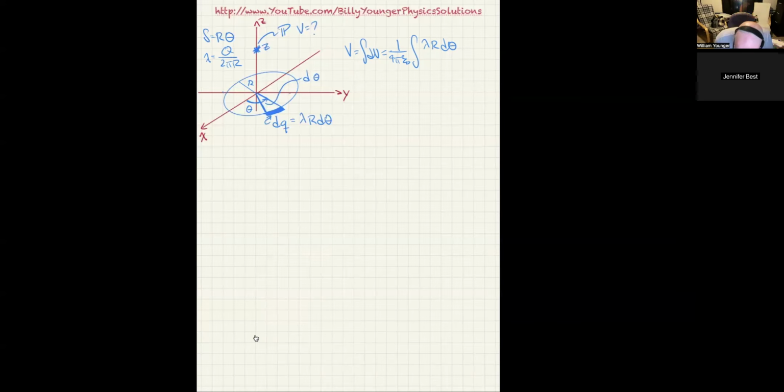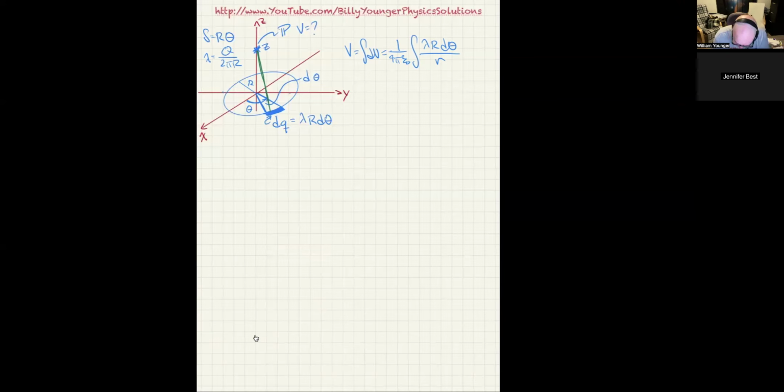So there's my dq, and then I've got to divide it by r, the distance between the differential charge element dq and the point at which we wish to know the electric potential. So you can imagine right about here is that distance. Now, remember that R d theta is a really small length, so where that green line hits isn't that big a deal.